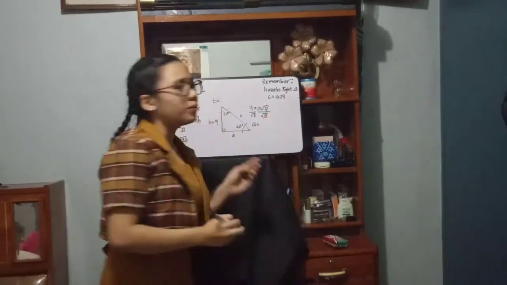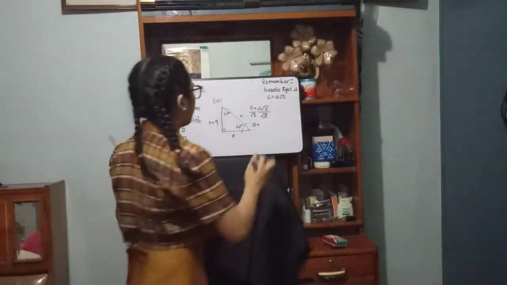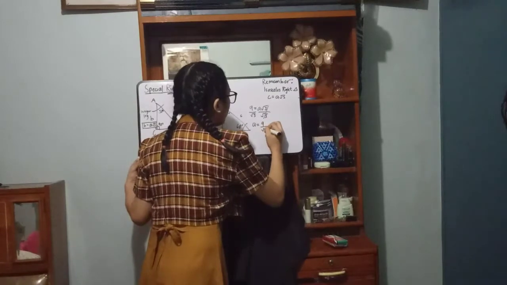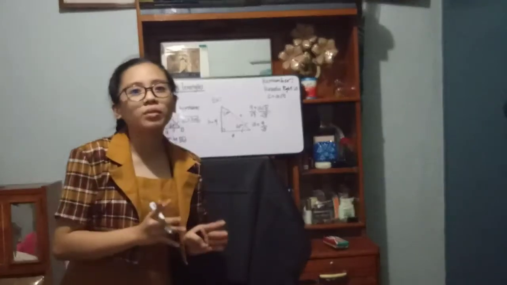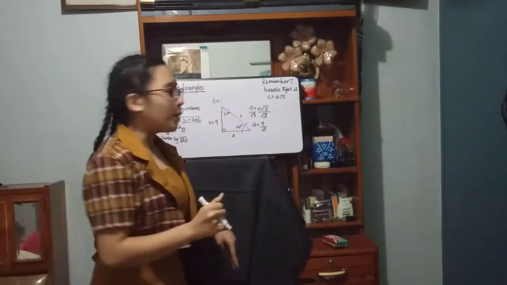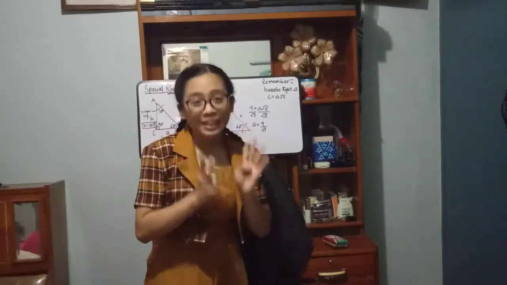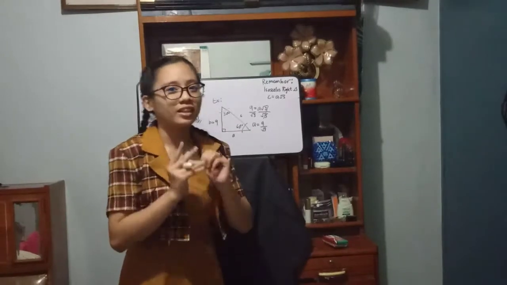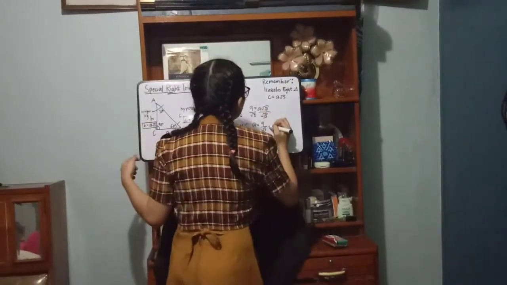So our A here would be 9 over the square root of 3. Then again, we cannot have a radicand in the denominator. So we need to rationalize it by multiplying the square root of 3 in both the numerator and the denominator.